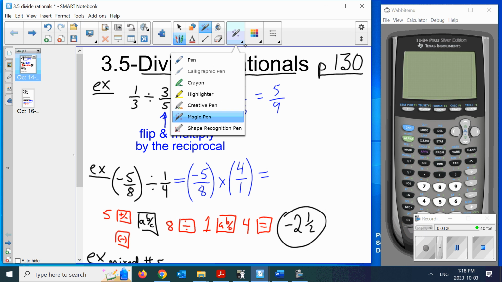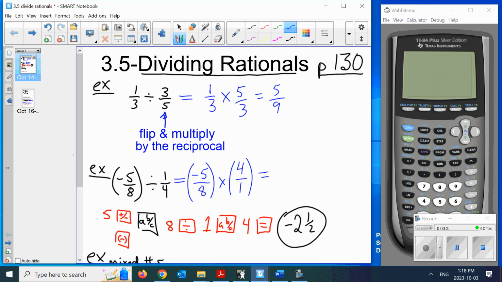I'm going to use green just so you can see what I'm doing. So I think in my head, divide by 4 on the top, divide by 4 on the bottom. If I divide by 4 right here, what's 4 divided by 4? 1. What's 8 divided by 4? 2.